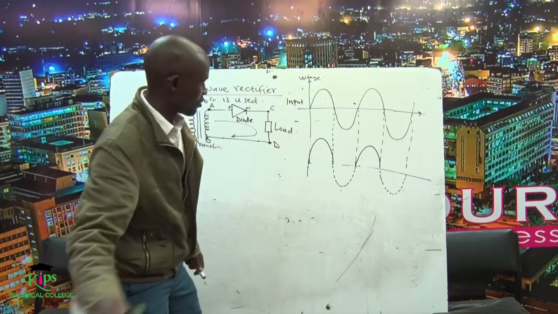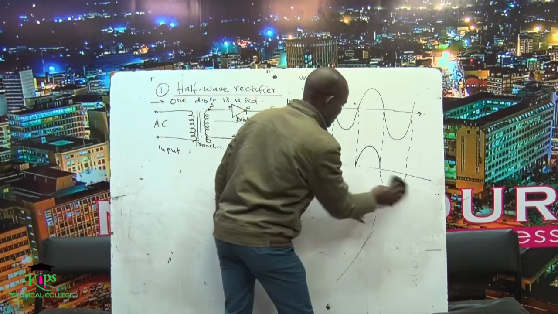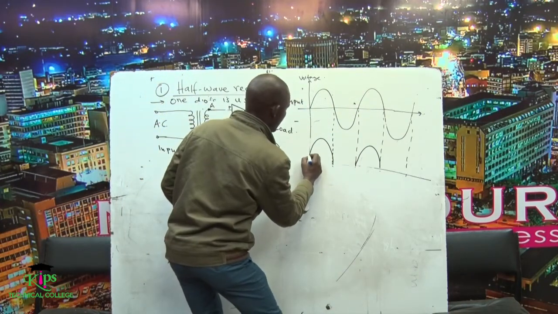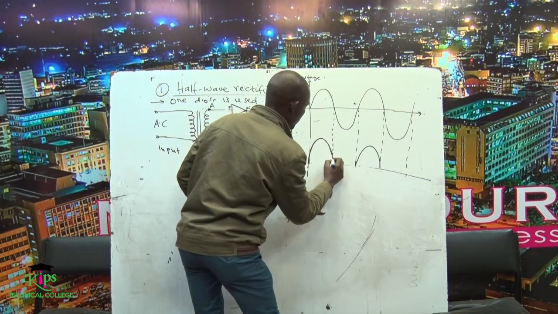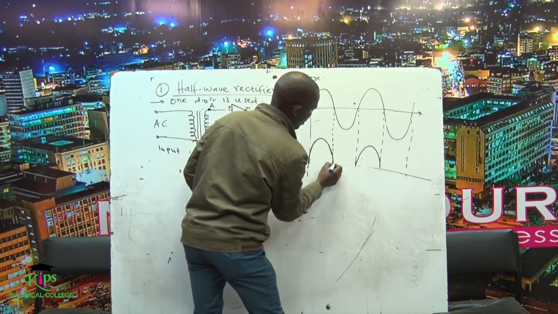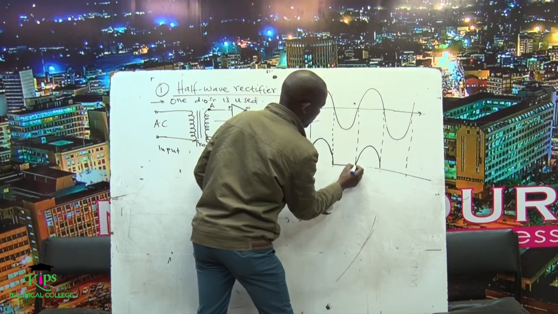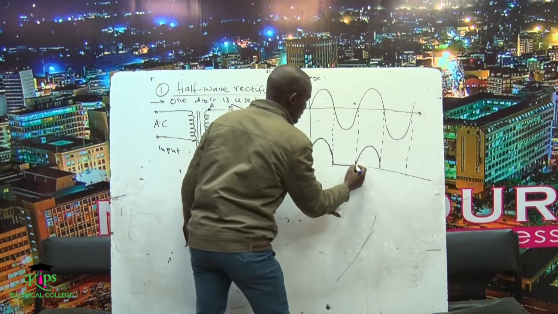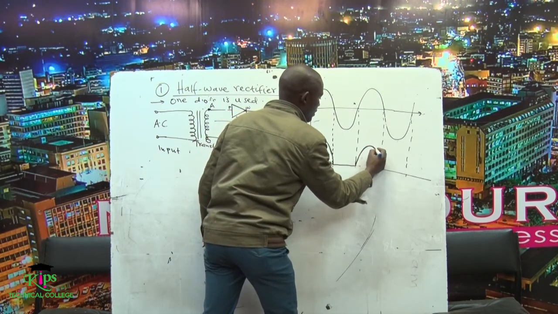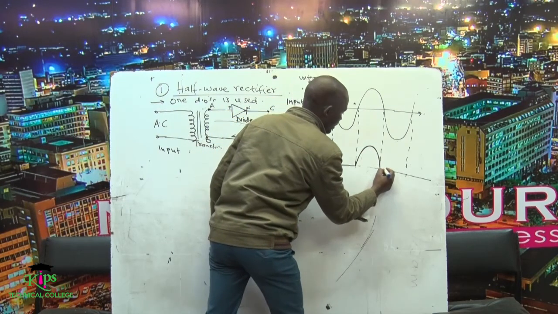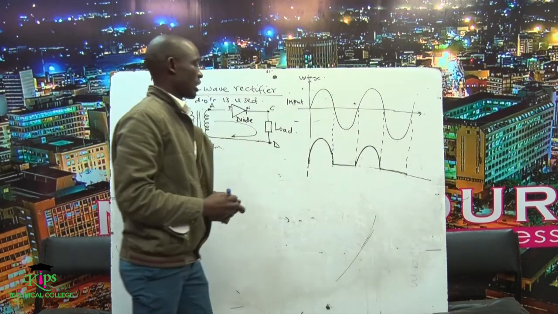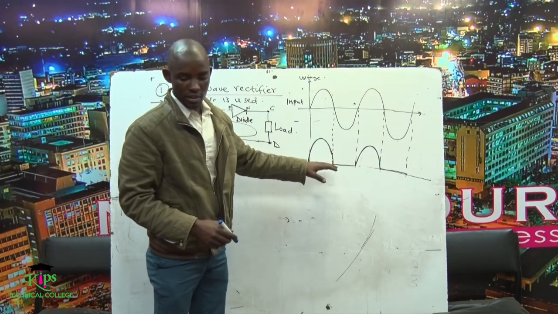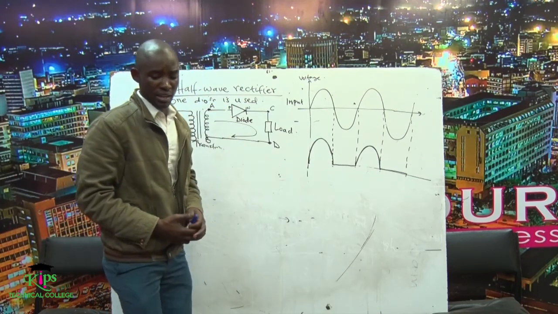You will find in most books, they don't draw this, simply because the current just comes at this point. Then during the negative cycle, the load receives 0. But at the start of the positive cycle, the wave is coming up, and this one is 0. So the load only receives current during the positive cycle. So that is basically what happens.